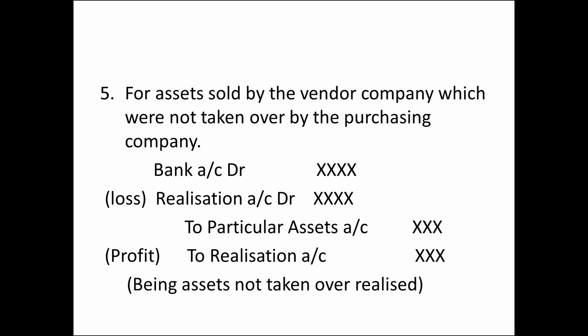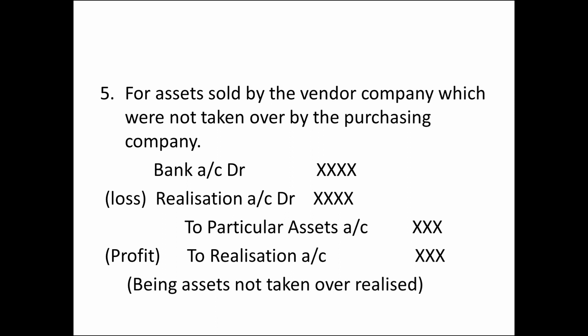This is the case. If it is the opposite, that is, by selling that fixed asset your company makes a profit of 20,000, that is, your book value is 2 lakh and you are selling that fixed asset for 2 lakh 20,000, what will be your entry? Bank account debit, to particular asset account, to realization account.